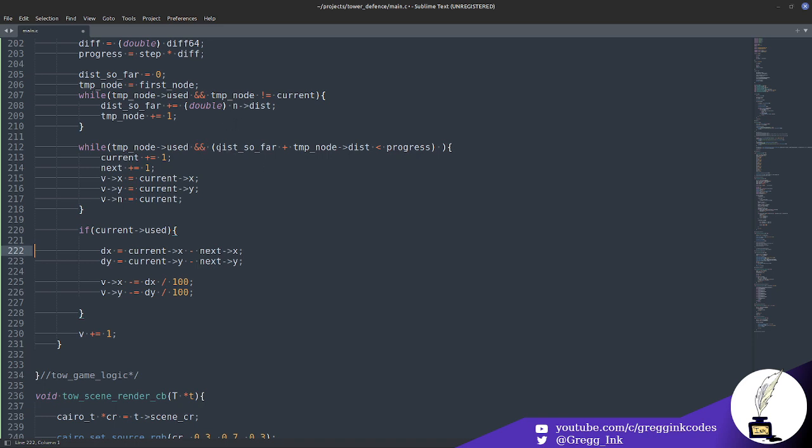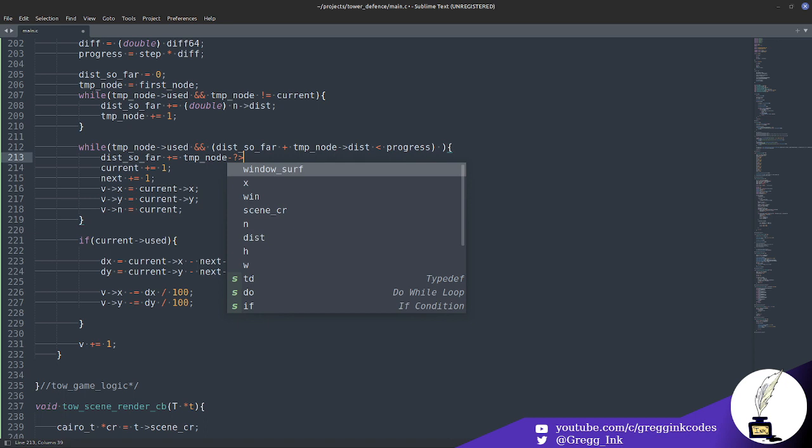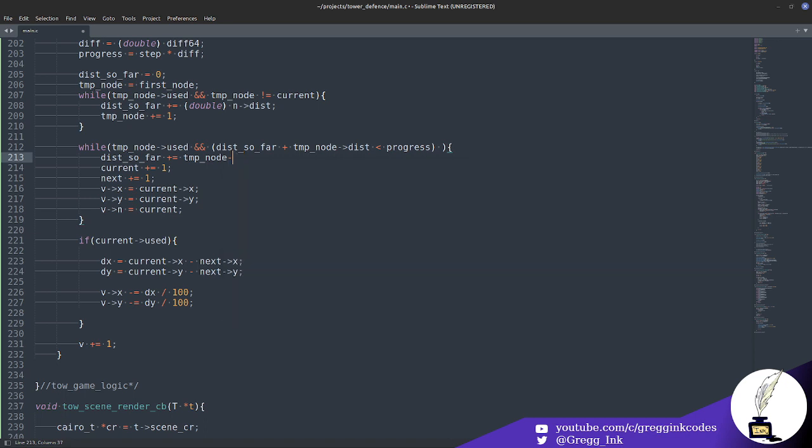This is still not right. This so far plus equal TMP node dist. And that should have been TMP node dist.